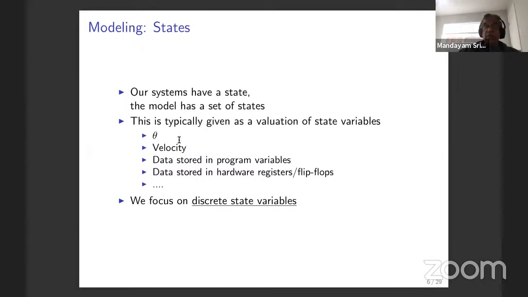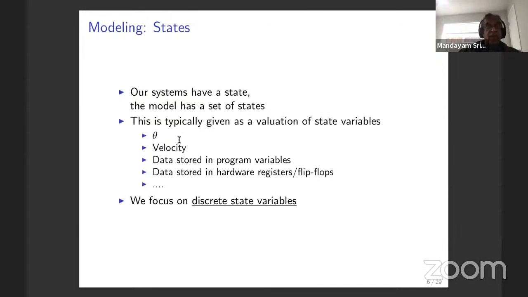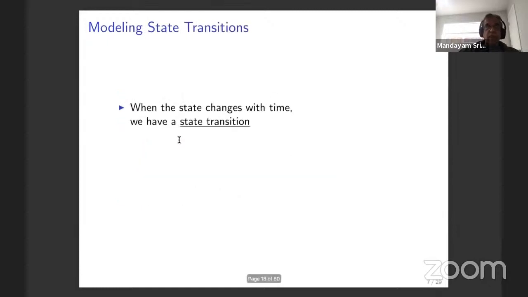So we are interested in modeling and analyzing discrete systems. Of course, the transition system formalism, which I'll be introducing, can also be used to model continuous systems, but that will not be the focus of our study in this course.